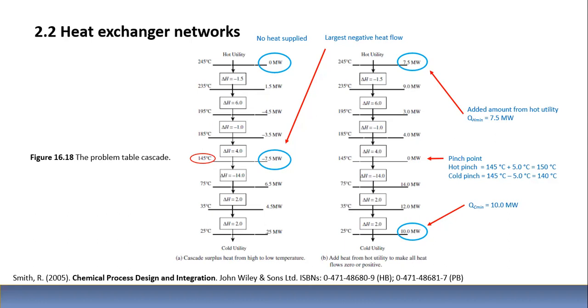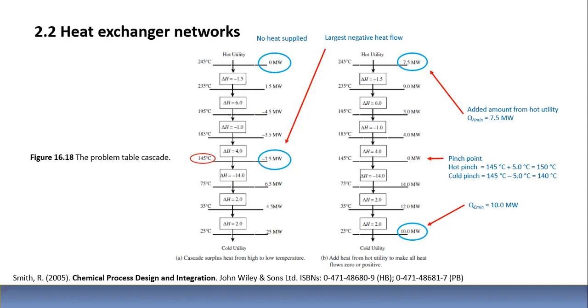Steam is the cheapest way, let's say the cheapest utility you can use to heat up different process vessels or to heat up different process streams. It is the cheapest way to do that, to use steam. Because if you remember, 1 bar is approximately 2,200 or 2,700 kilojoules per 1 kilogram of saturated steam.